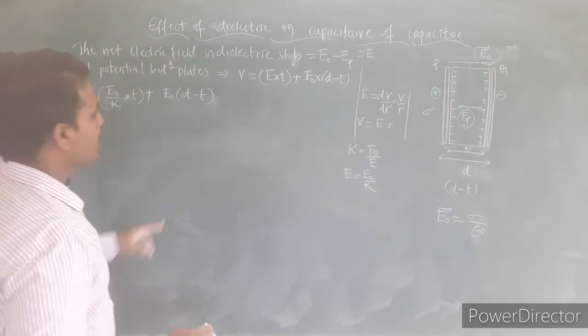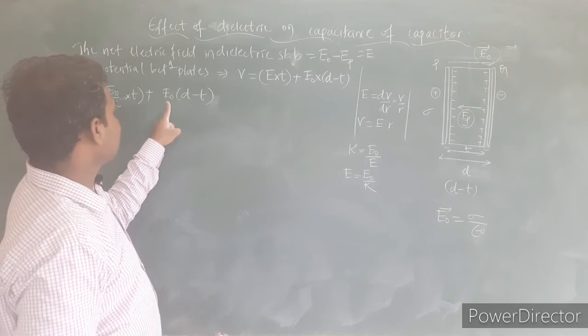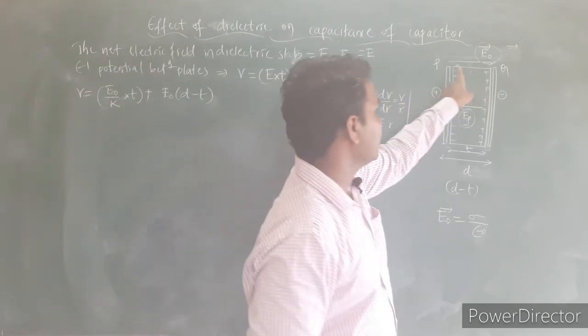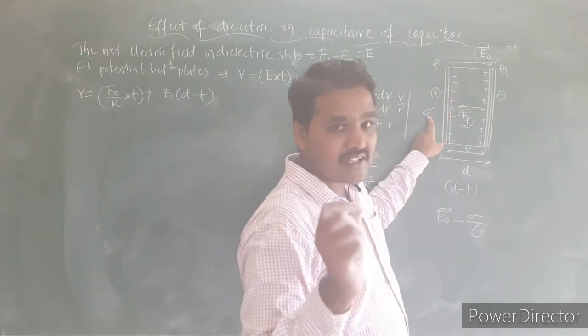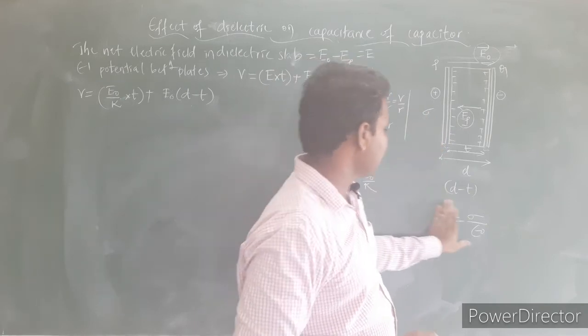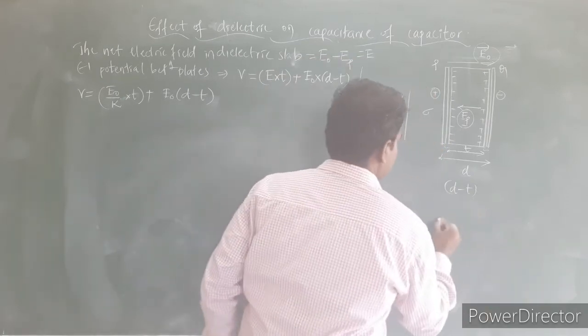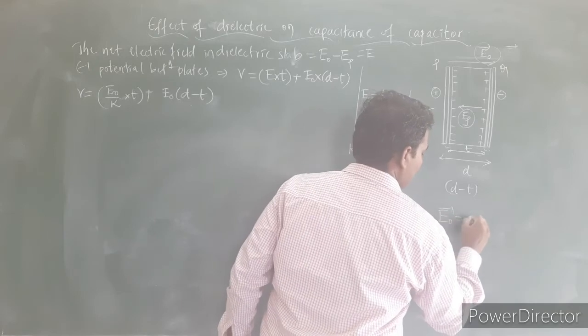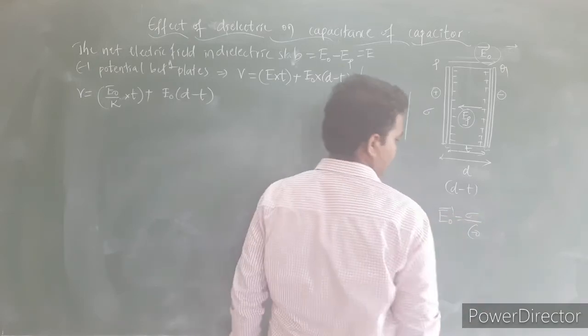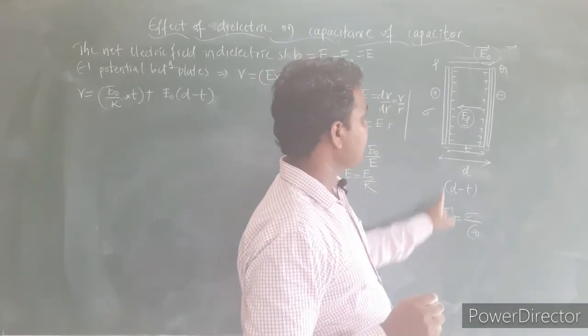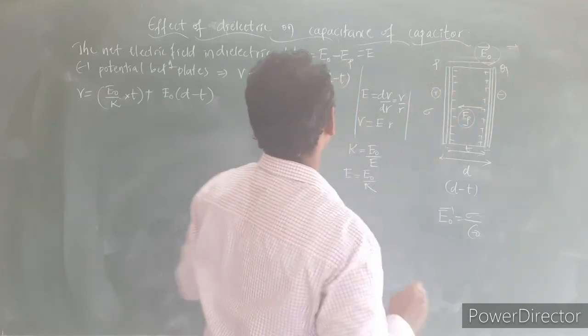Then we also have another relation: when I have the surface charge density sigma, this electric field intensity can be written as E naught is equal to sigma divided by epsilon naught. That is the electric field intensity produced between plates of the capacitor.